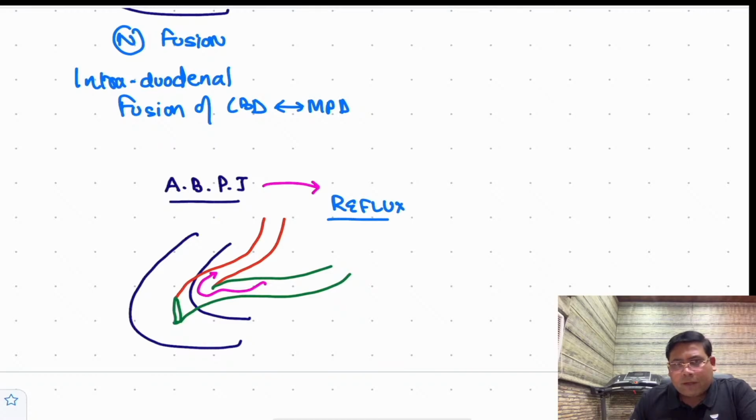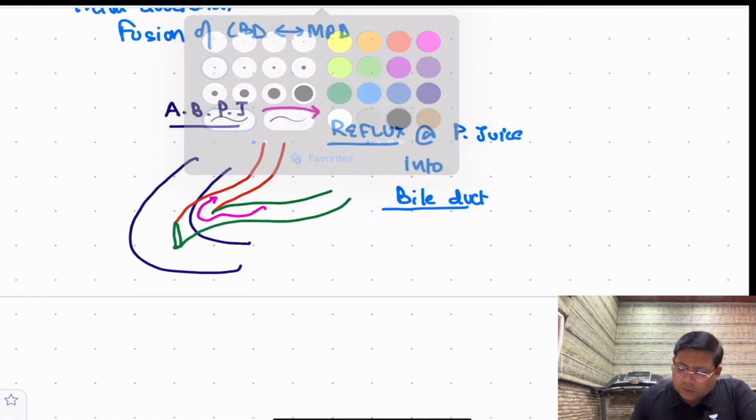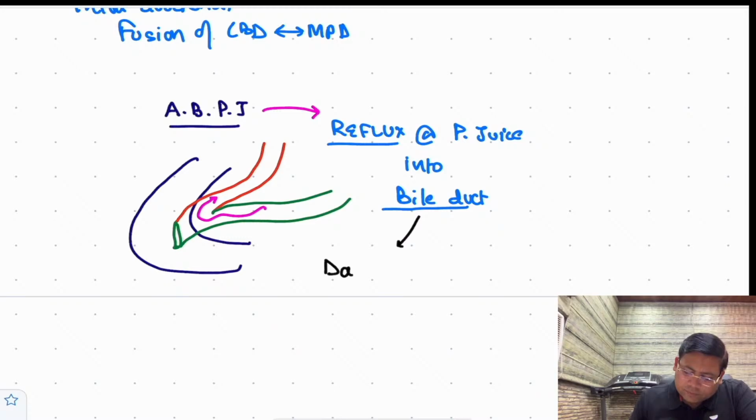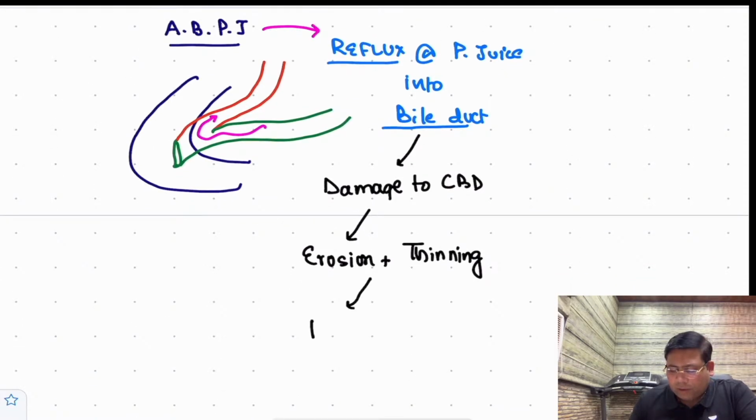There will be reflux of pancreatic juice into what, students? Into the bile duct. Now do you know that pancreatic juice is very dangerous? Very, very dangerous in fact. This is going to cause damage to the CBD, and because of this damage there is erosion plus thinning of the CBD, and because of this, there will be what?